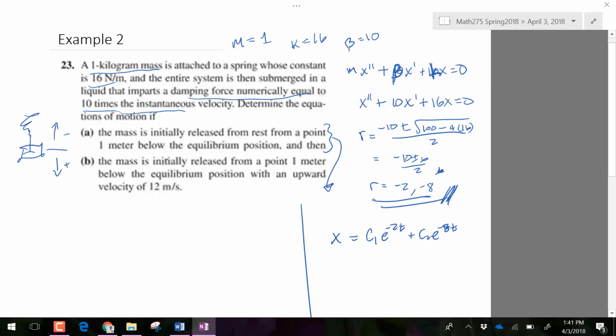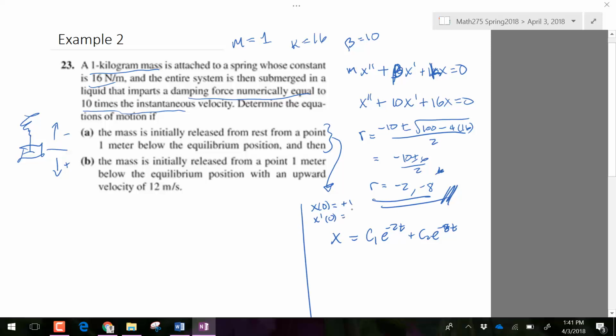So 1 meter below the equilibrium. What's the initial position? Positive or negative one? Positive, so it's below. I think it's +1.